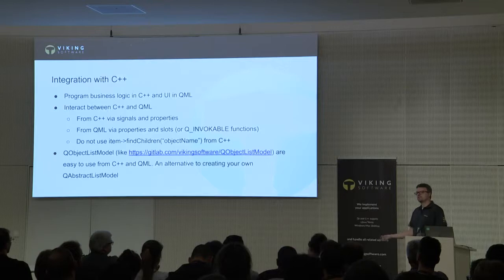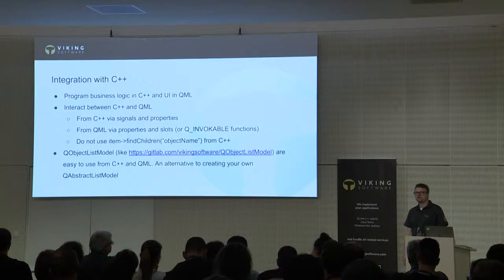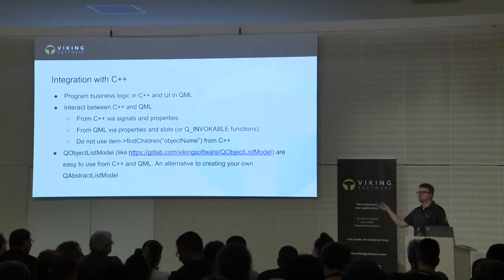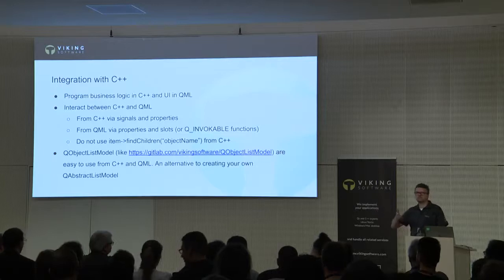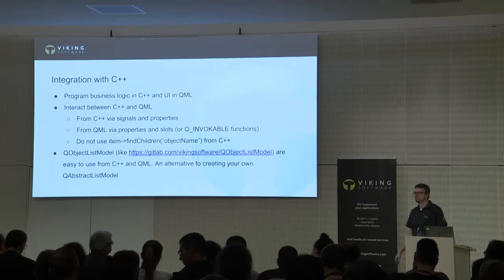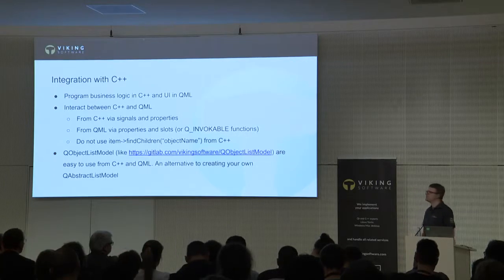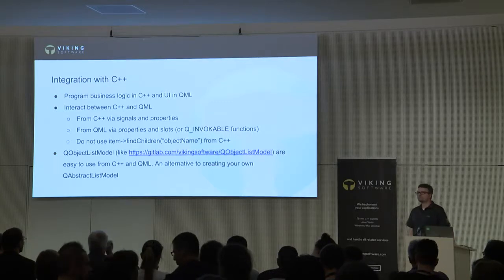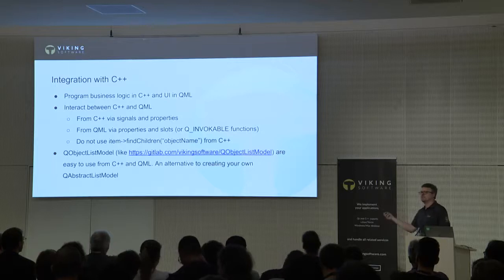But it's a template class, and you can just pass any QObject derived class there. And you can then use any property of this object. And in QML, you just use it as a model in any list view, basically list views, yeah, or repeater, whatever. So it's handy to use it there.